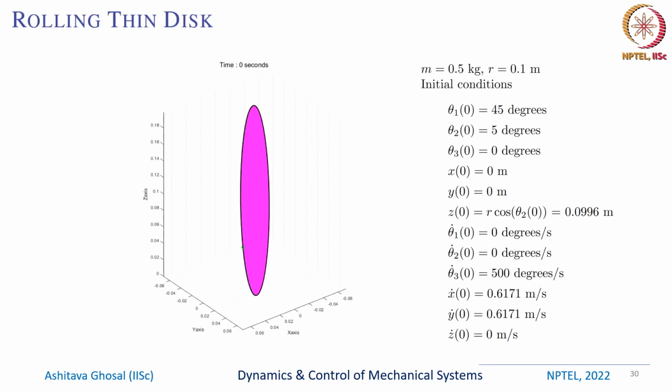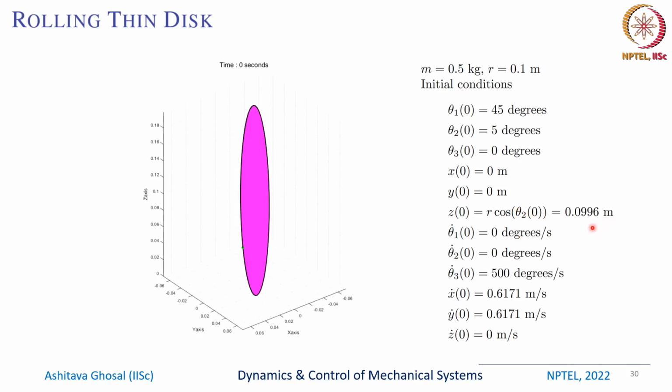Let's look at another interesting example of this rolling disk. In this case, the initial conditions are different. Now we start with theta 1 0 as 45 degrees, theta 2 0 as 5 degrees, theta 3 as 0. Again, the x and y coordinates start from the origin.